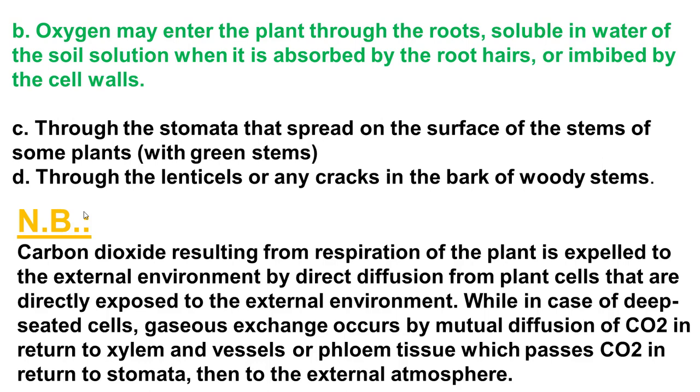In the case of vascular or deeply situated cells, gaseous exchange occurs by mutual diffusion of carbon dioxide returning to the xylem and vessels of phloem, the tissue which passes carbon dioxide back to the stomata, then to the atmosphere. So carbon dioxide has only one way out, not by the root, but with the stomata.